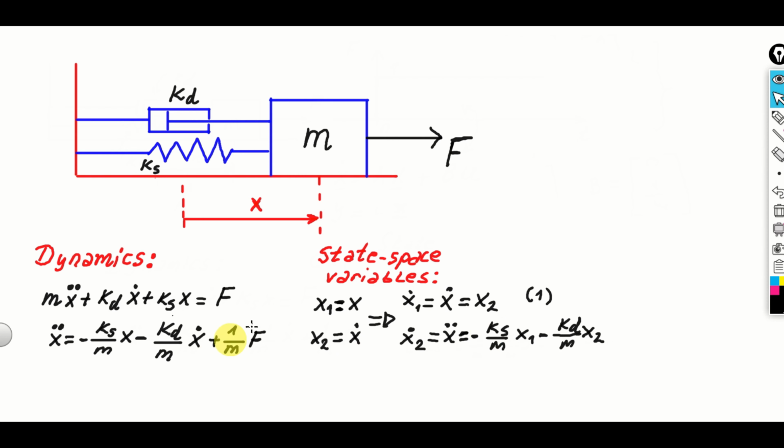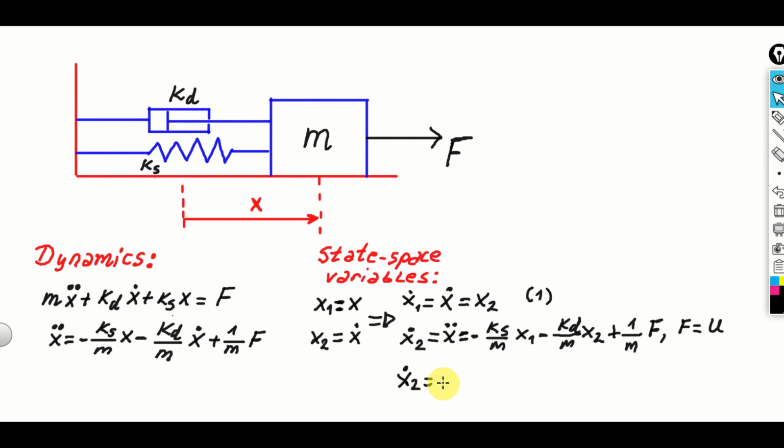Then we have plus 1 over m multiplying F. Now, in this equation, instead of F, we will write u. That is, here we will assign F is equal to u. And finally, we can write our second state equation that reads as follows.